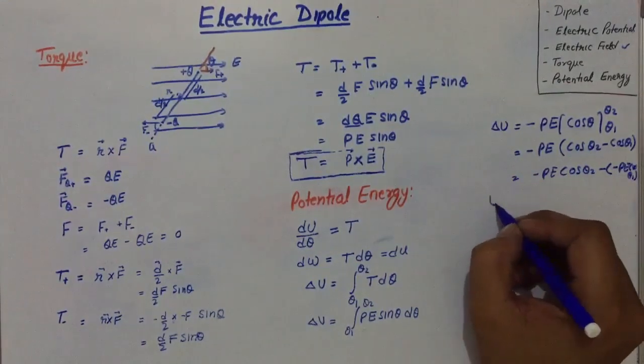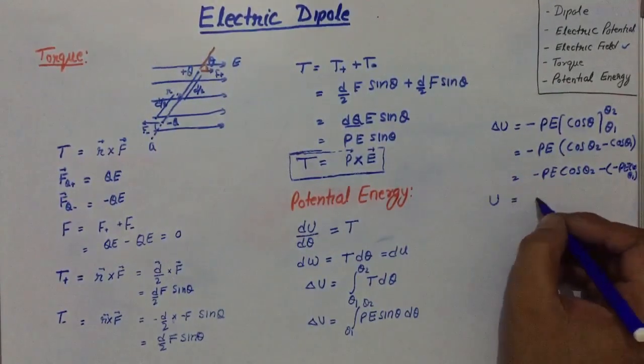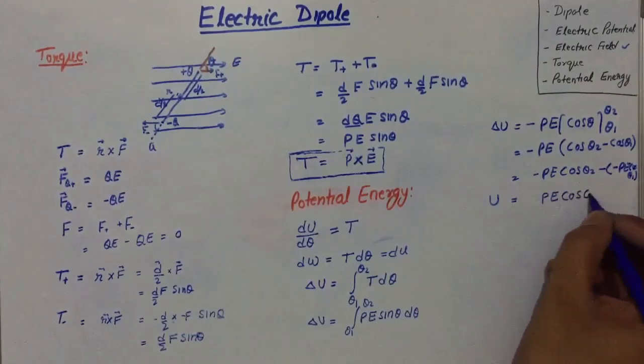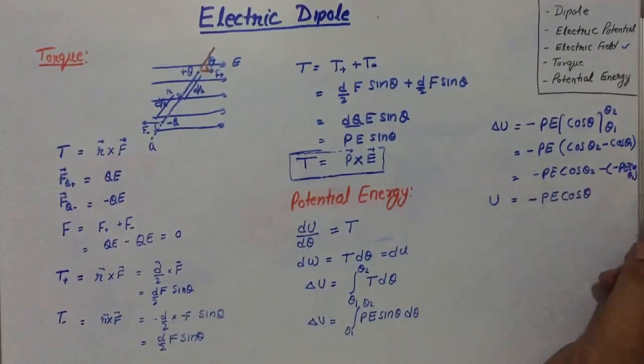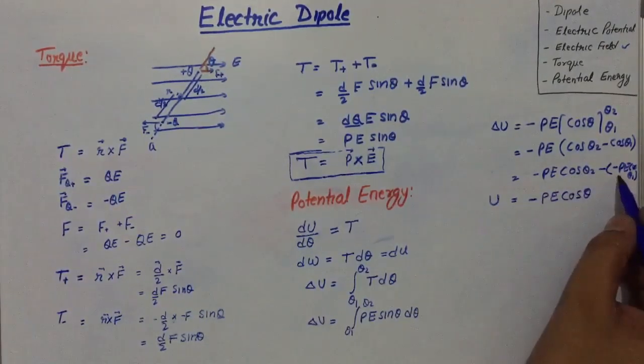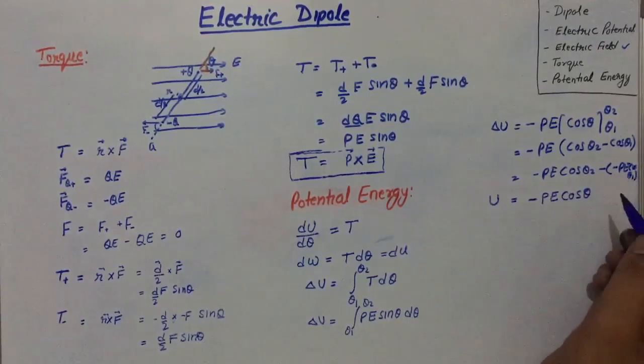So if we wish to write the potential energy, it will be minus PE cos theta, because this is the final and this is the initial.